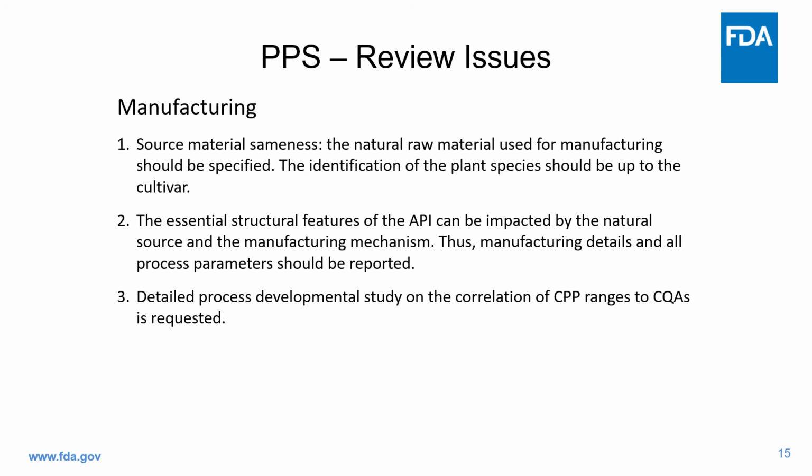The essential structure features of the API can be impacted by the natural source and the manufacturing mechanism. Thus, the manufacturing details and all the process parameters should be reported. The process developmental study on the correlation of the CPP ranges to the CQAs is required.